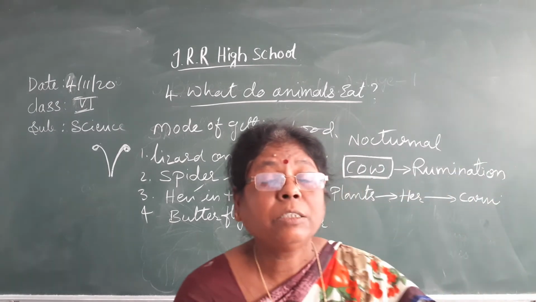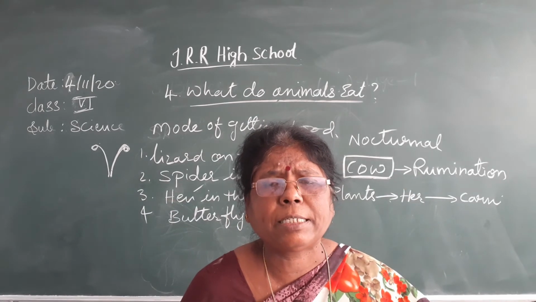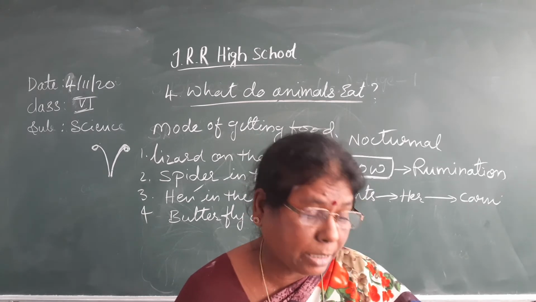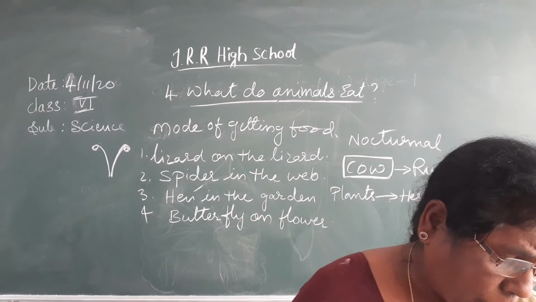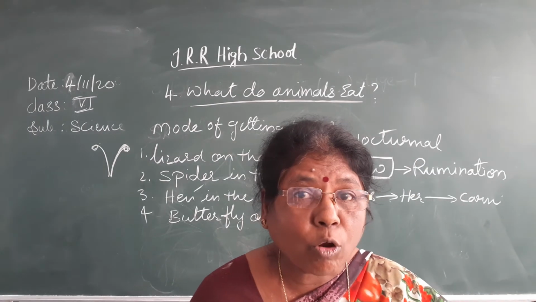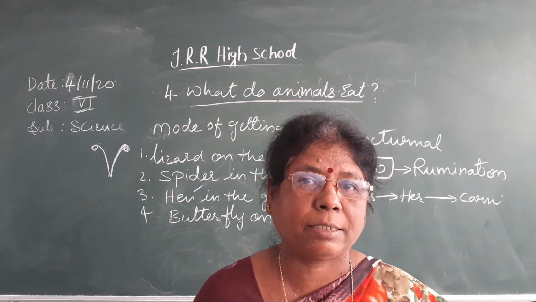Nowadays the farmers are using more pesticides and insecticides in the fields. What happens by using more pesticides and insecticides? Most of the frogs die because of taking the poisoned insects.